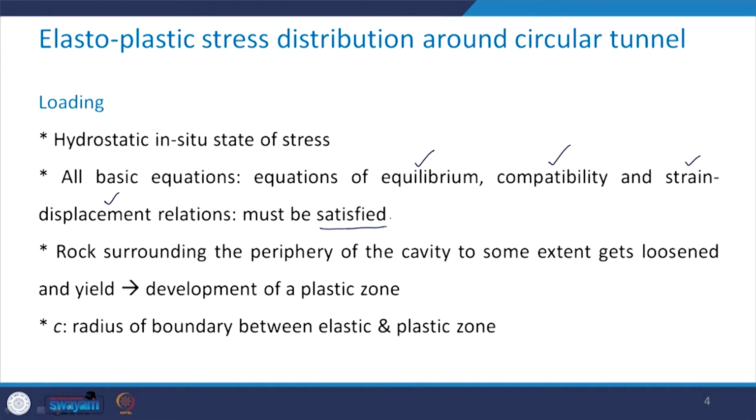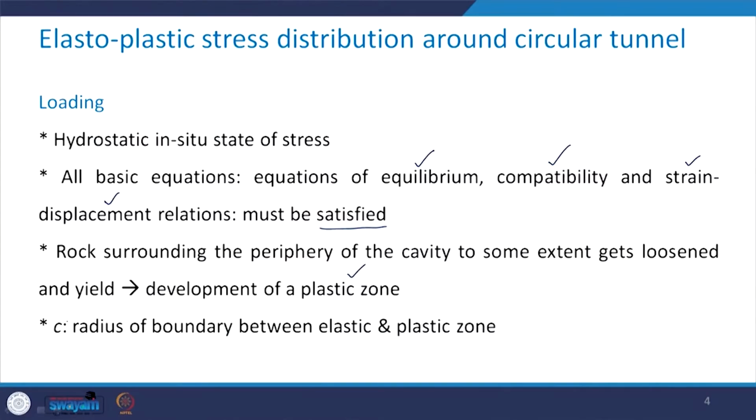The rock surrounding the periphery of the cavity to some extent gets loosened and yields, and this results in the development of a plastic zone, as I just explained when we were discussing the geometry of the problem. And c is defined as the radius of the boundary between the elastic and the plastic zone.